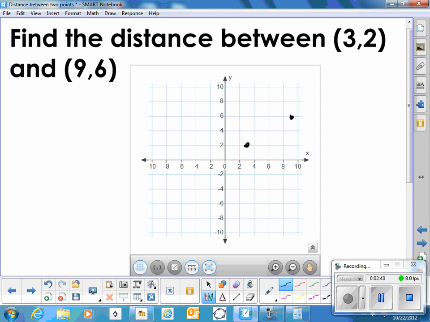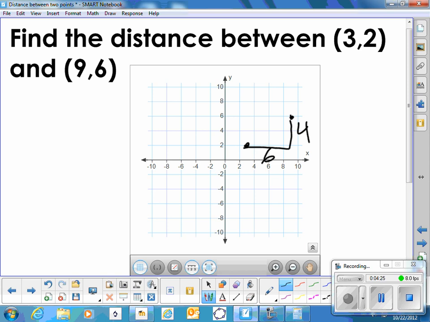So from over 3 up 2, to over 9 up 6, the increase, this one's 4, and this one's 6.